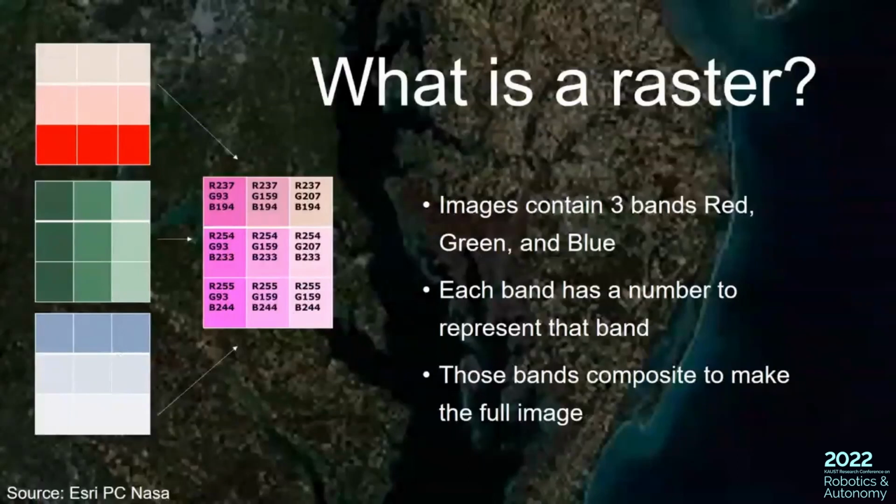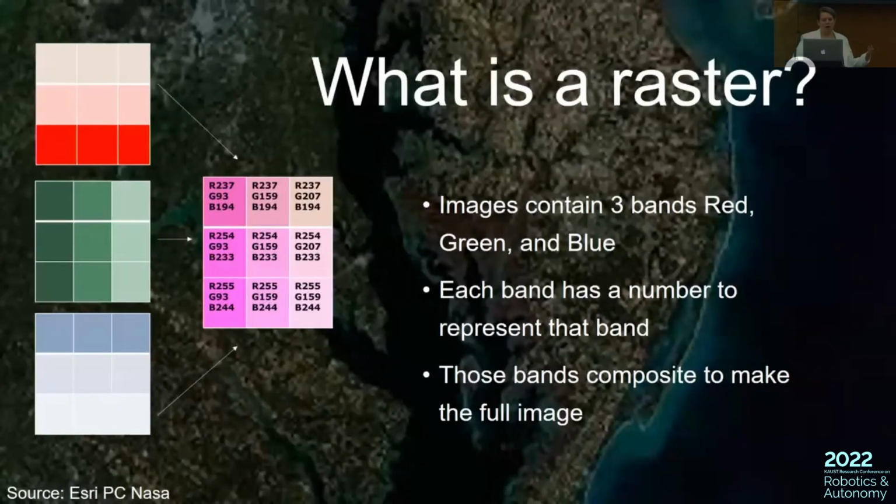So we're going to talk a little bit about what we see when we look at an image, and that is a raster. Images, what we're getting from a satellite or a drone, come in these rasters. A raster is where the information is stored in a grid form like this, and those are our pixels.